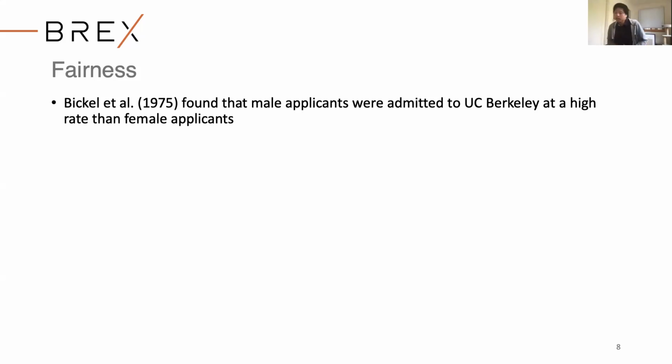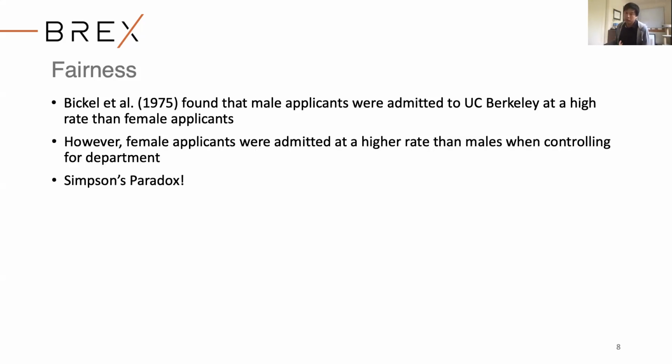In this example, a study back in 1975 found that male applicants were admitted to UC Berkeley at a higher rate than female applicants. So they were accused of discrimination, and a study was done to shed light on that.